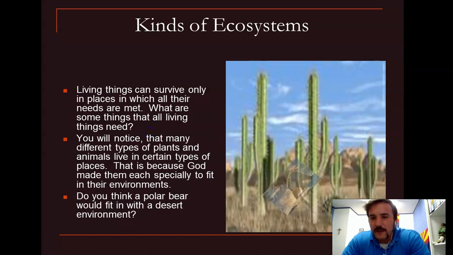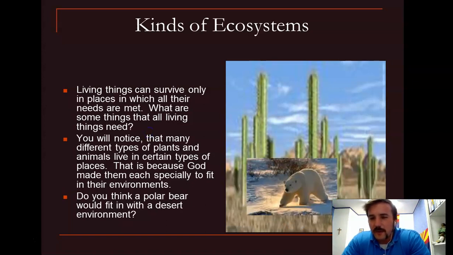But if you bring a polar bear down here, polar bears cannot adapt to our desert ecosystem. They just can't. God made them specifically for what we're going to talk about, the tundra ecosystem. That's how they survive well. That's how God made them. They cannot adapt to many other places or any other places. Some animals can just fine. Some animals cannot.